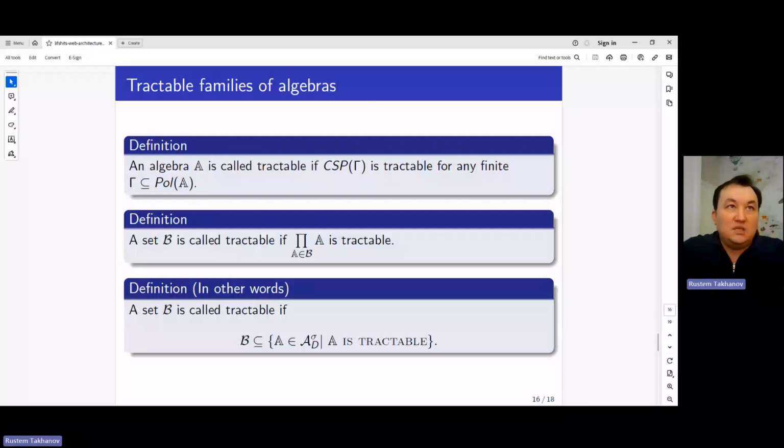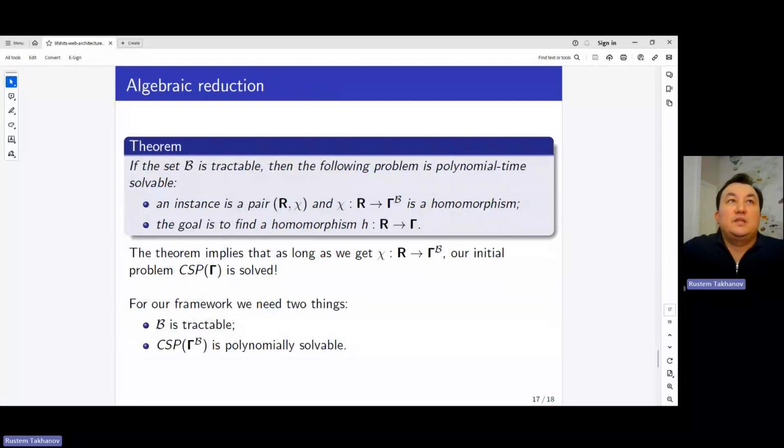In fact, we prove the following statement. Suppose that our collection of algebras B that we just specified consists of only tractable algebras. A tractable algebra is an algebra whose set of invariants is a tractable language. So suppose that all algebras in the collection B are tractable. Then we prove that our problem of finding a homomorphism from R to gamma, given a homomorphism from R to gamma superscript B, will also be tractable.